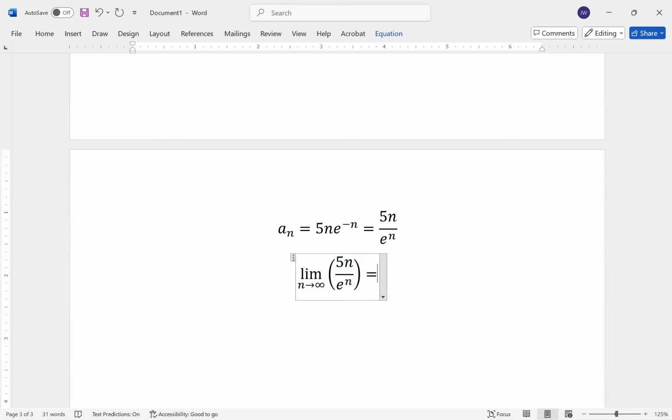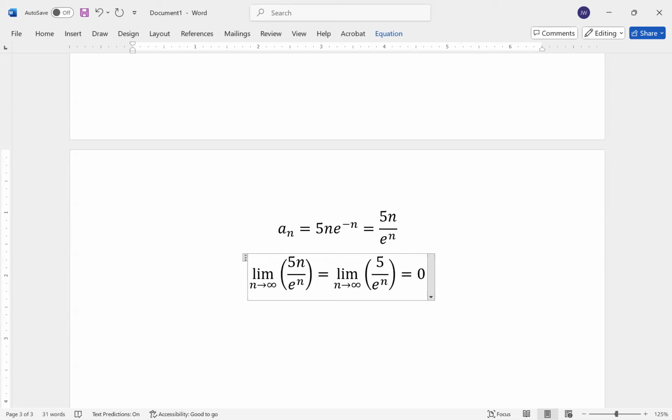If I use L'Hopital's rule, it will give me that the limit of my sequence is the same as the limit of 5 over e to the n. As n grows, e to the n grows, 5 stays the same. And so we get the limit of this is 0.